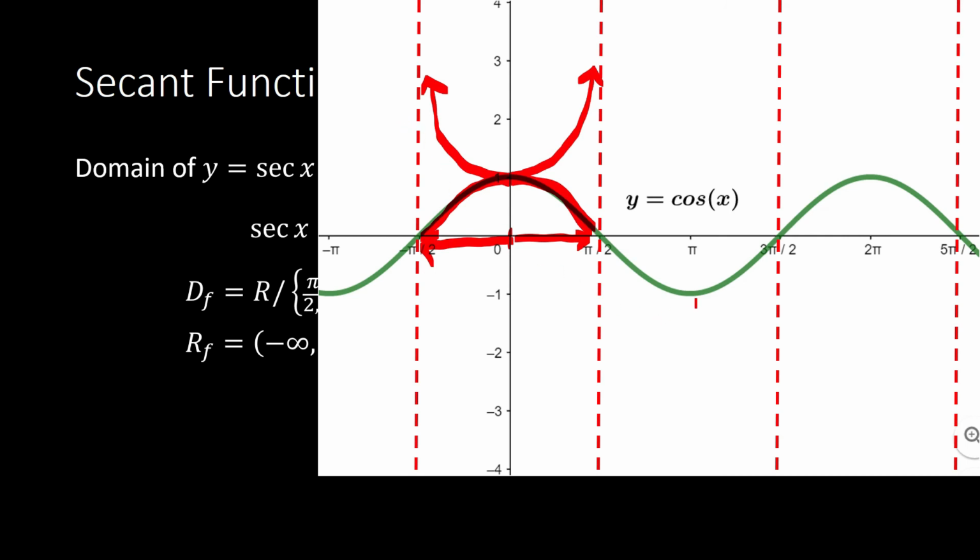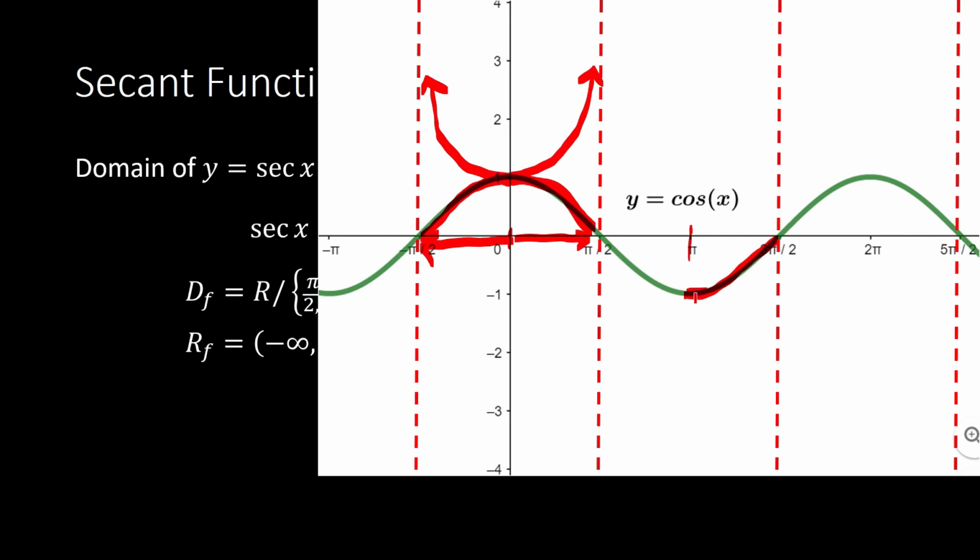Now let us look at this. When x is pi, cosine of pi is -1. Secant of pi is also -1. Cosine now, coming from the basement, will go to the ground floor.